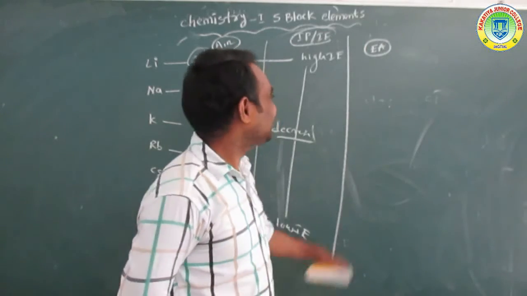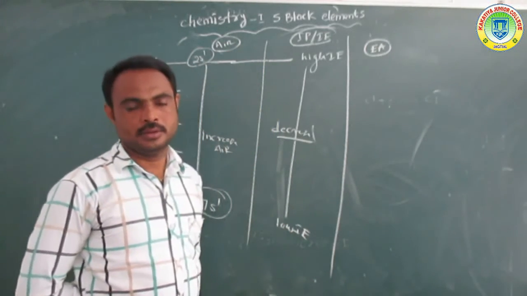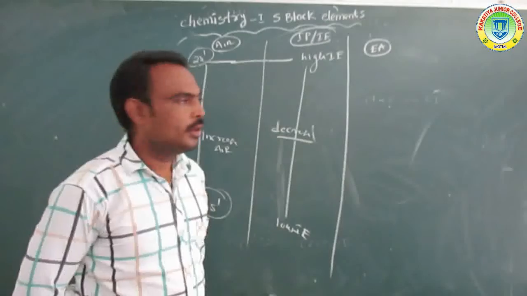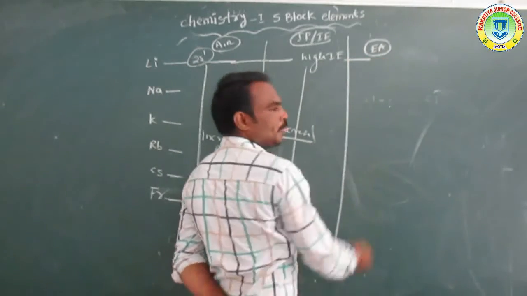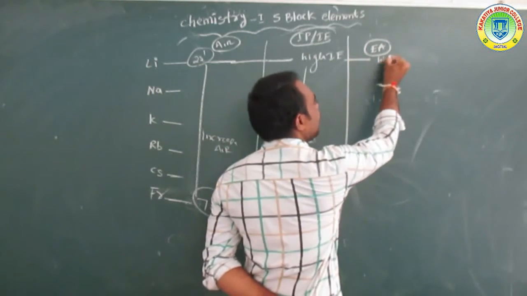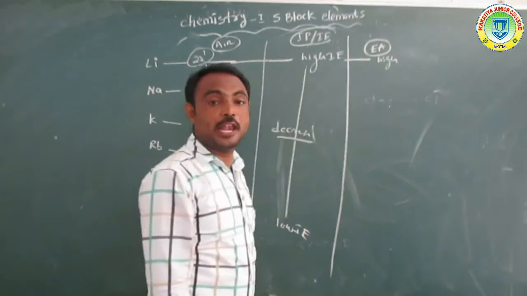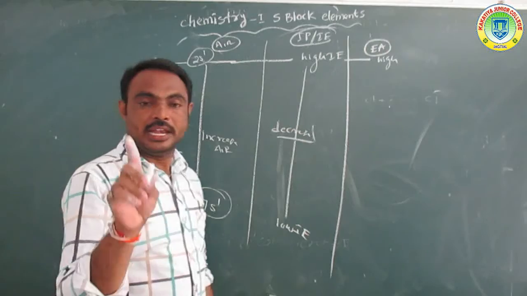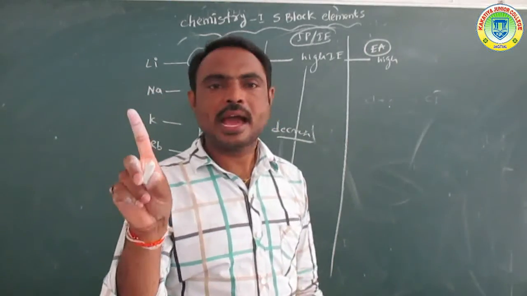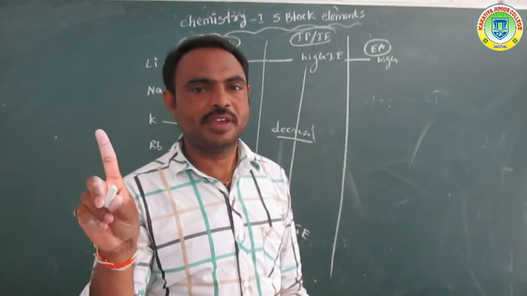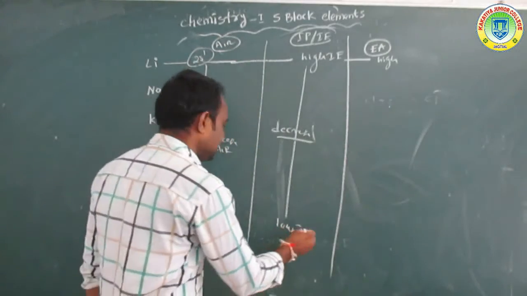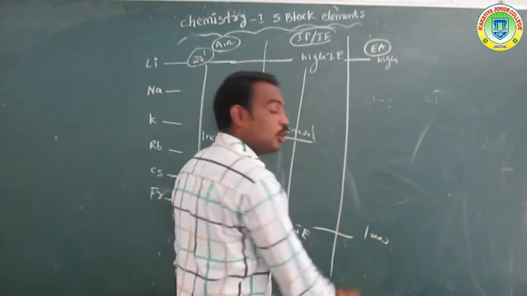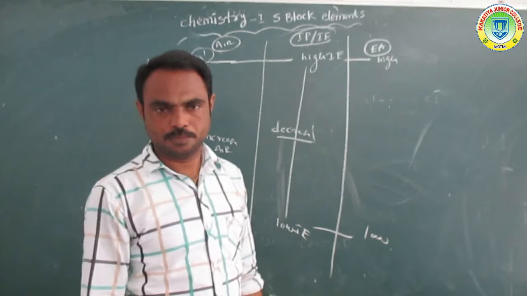So what is the change here? Overall, in this group, very high electron affinity value, which element? Lithium. Lithium contains a very high electron affinity value. At the same time, francium contains a very low electron affinity value.